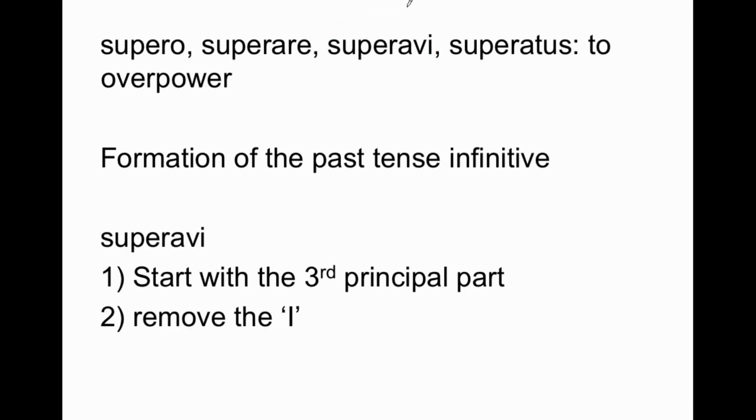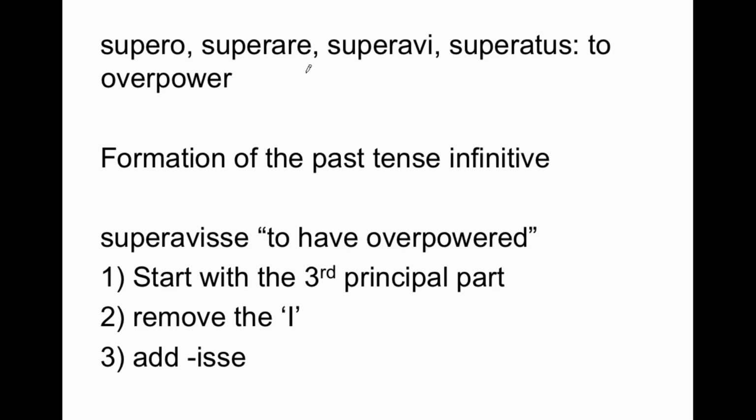What we do, we remove the I. Take off the I. That's the ending that means I in I overpowered. So whatever is left over is what we call the perfect stem. Superau in this case. And we add the ending isse, and that creates the perfect tense or the past tense infinitive, to have overpowered.